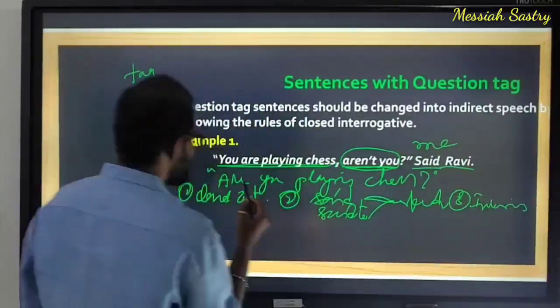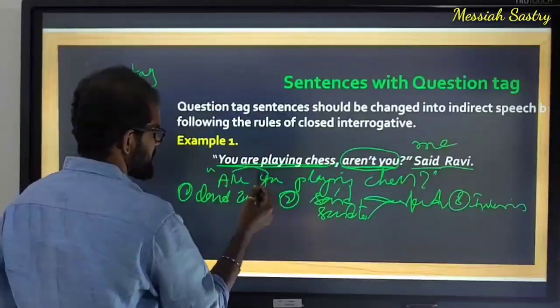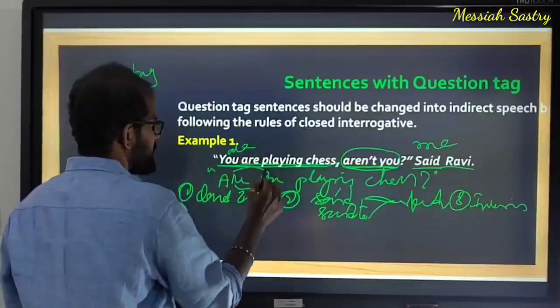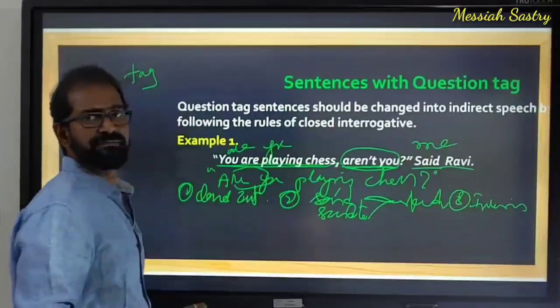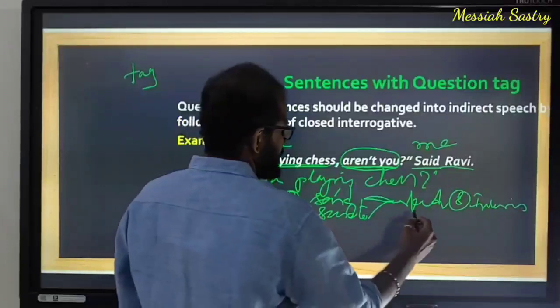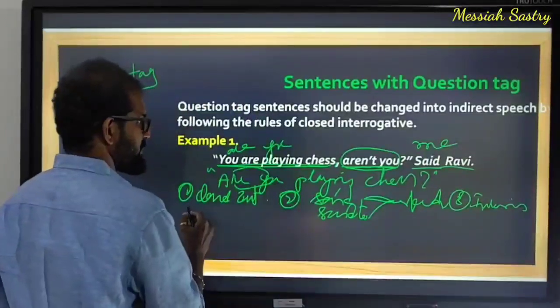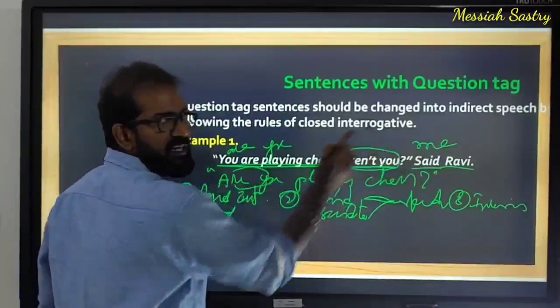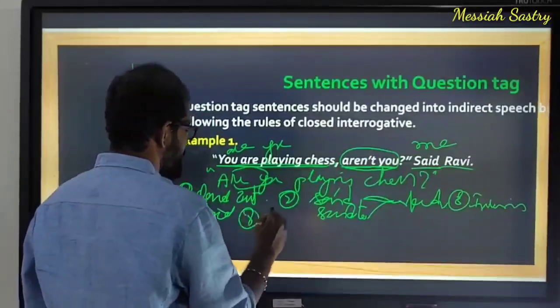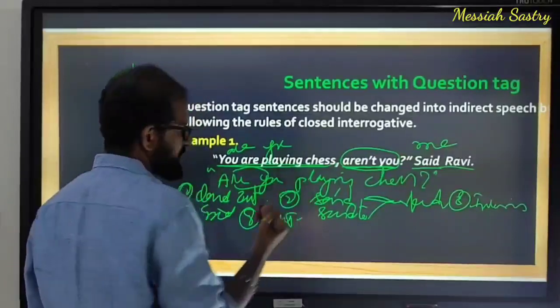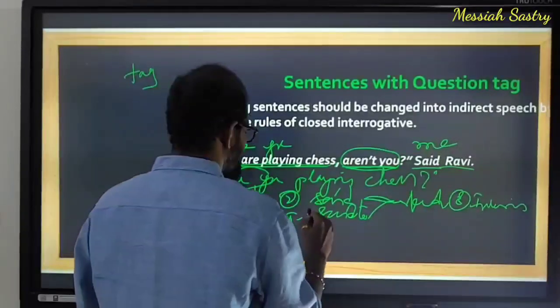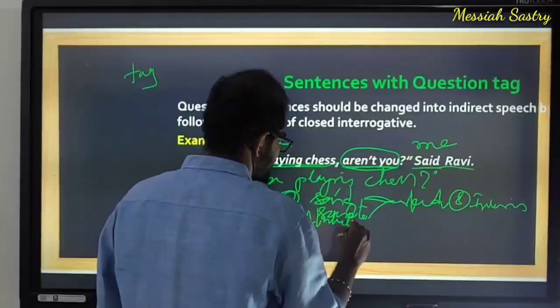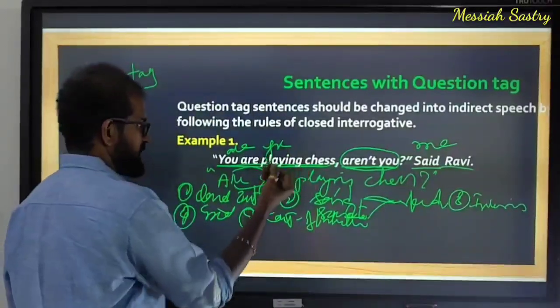What is the inversion? R and U change their places. So R comes here, U goes there. Fifth point is a conjunction. What is the conjunction we are supposed to use? If or whether.